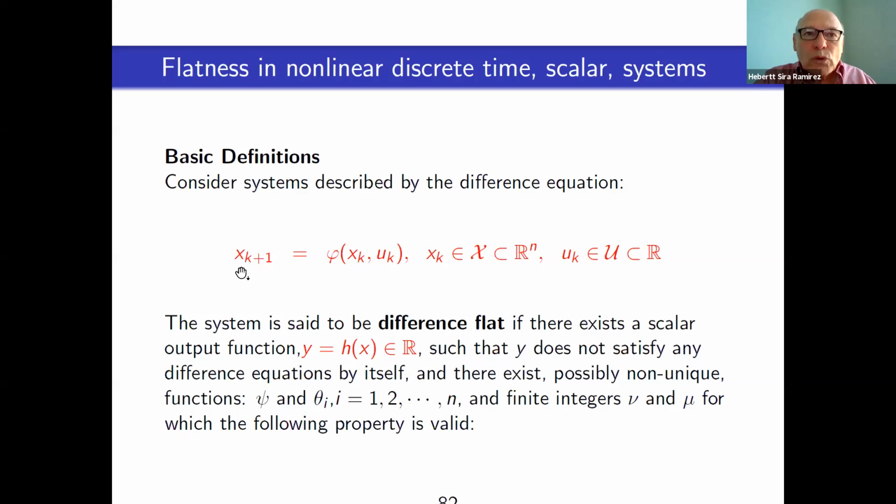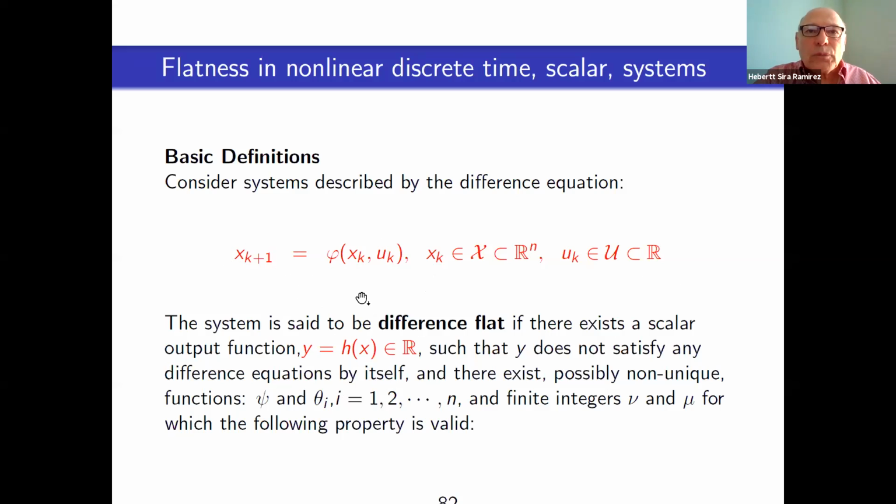And there are two types of variables in the system: the state variables, which is a vector of variables, and the control input, which in this case is one dimension. So the inputs and the states can be parameterized in terms of this particular output. It's an artificial output. It doesn't have to be the output of the system.